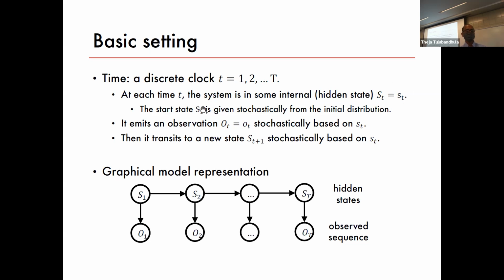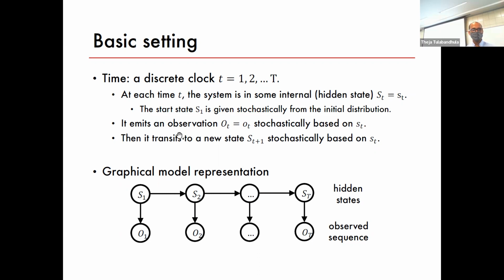We can also assume there's a starting state. What would be the starting state? It's just some distribution from which I sample. So there's an initial distribution from which I can get a starting state. Each of these hidden states emits, or produces, an observation. The actual realized value is little o_t, which corresponds to a random variable, capital O_t, based on that system state.